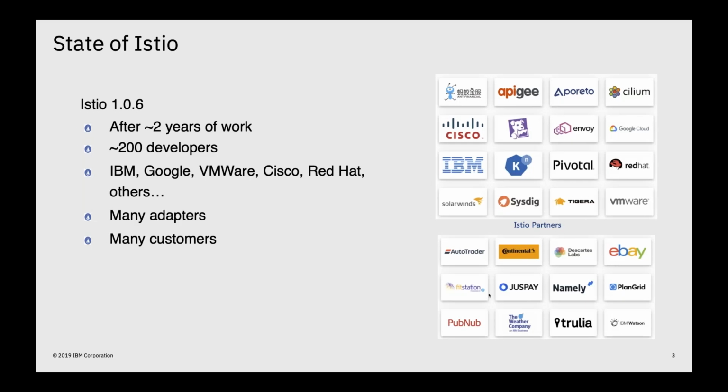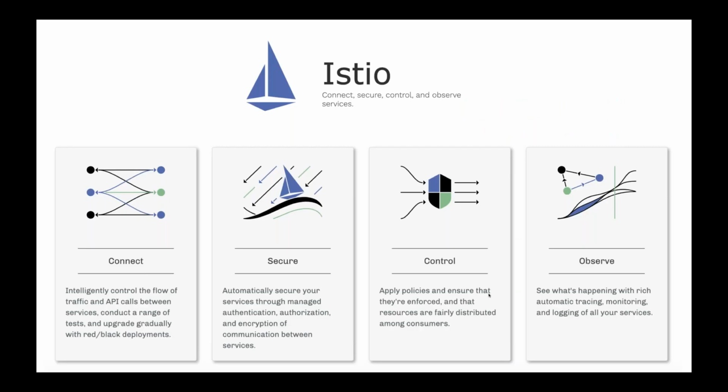Istio was founded by IBM and Google and a bunch of other companies, and it's a very healthy open source project right now with many developers and adopters. As a matter of fact, I think I have one of the top, if not the top, Istio contributors from IBM on the call. I'm just going to cover the basics here.